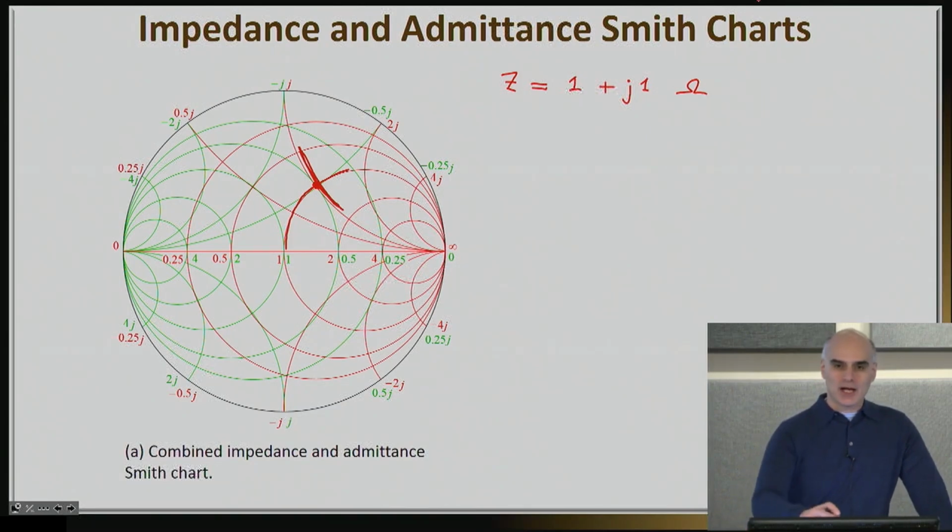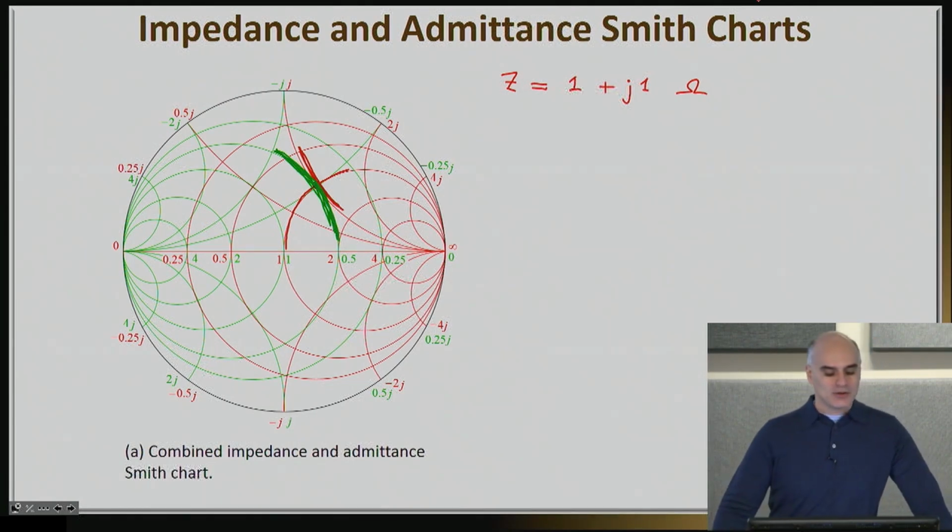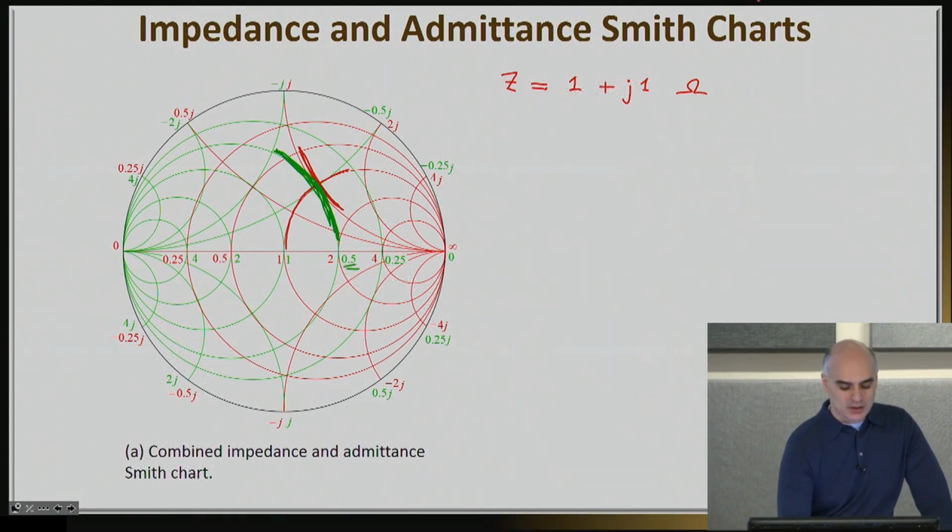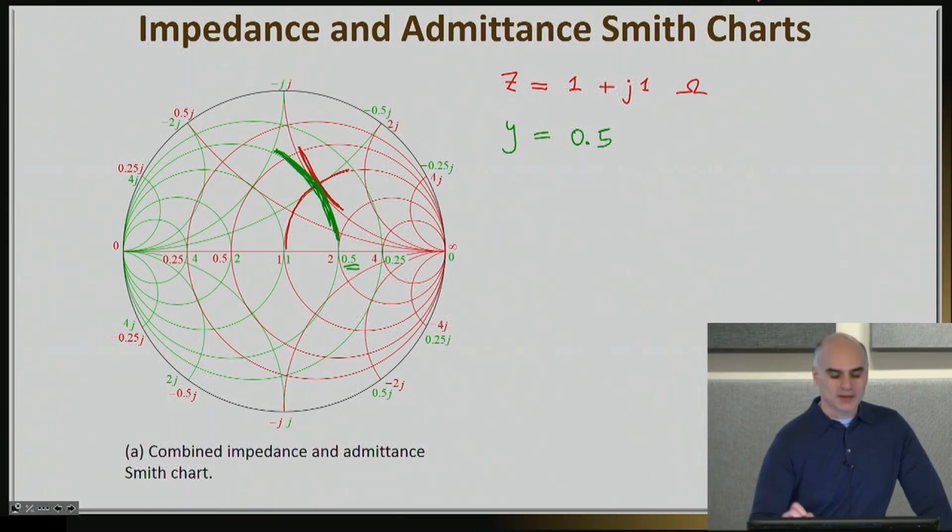Now let's focus our eyes on the green lines. This is the green line where the real part of the admittance will be, and I'm making it purposely thick so you can see it. The value there, as you can see, is 0.5. So the y of this load will have a real part of 0.5.